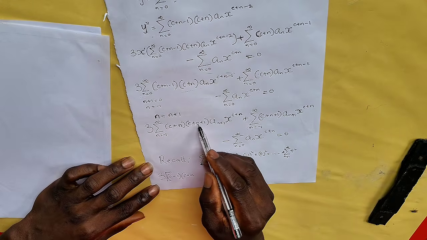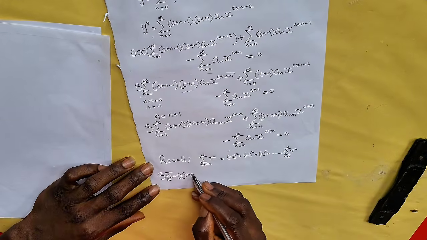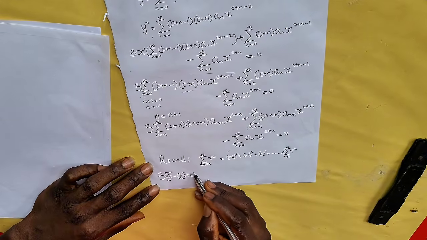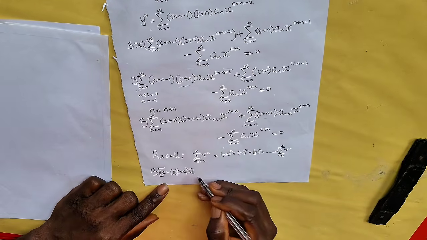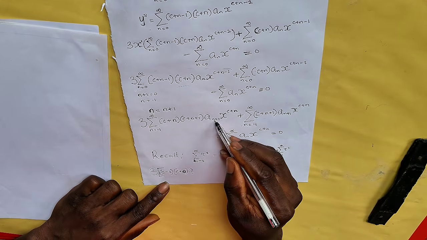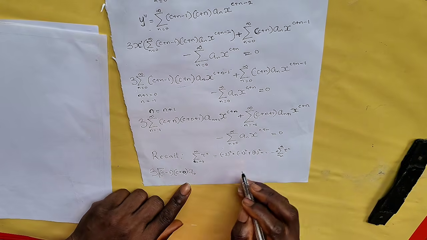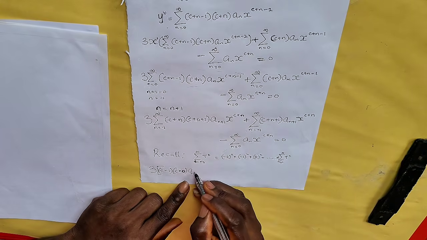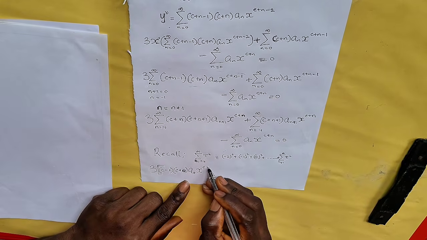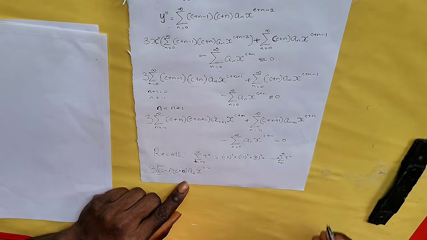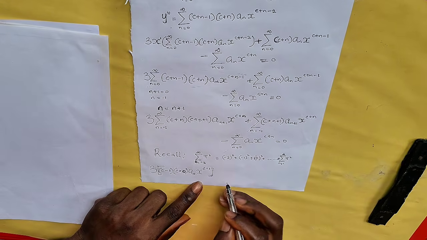I put minus 1 plus 1, so that will give me 0, right? Yeah, 0. So I'm going to have a naught x to the power of c minus 1. Is it not? Okay, so I can close the bracket.